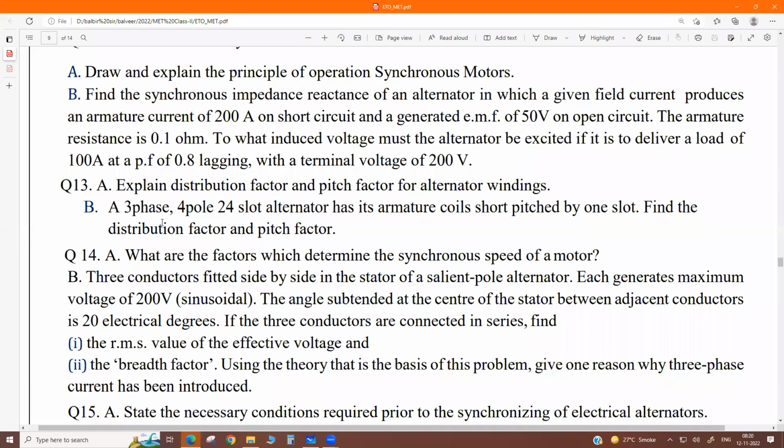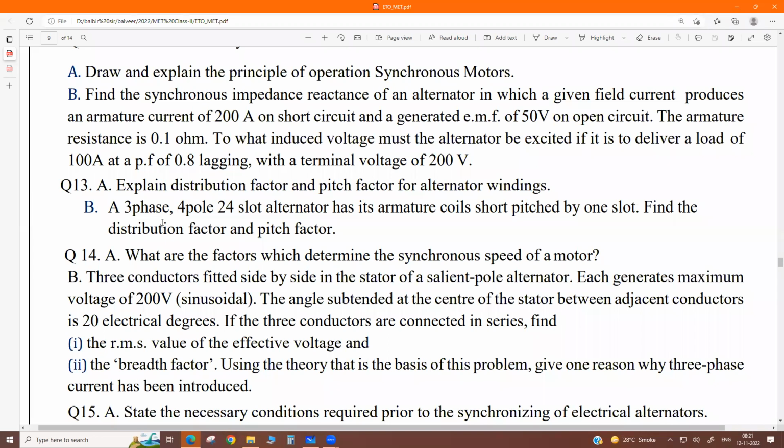Now, again there is a synchronous motor principle. Find the synchronous impedance and reactance of the alternator in which a given field current produces an armature current as given.